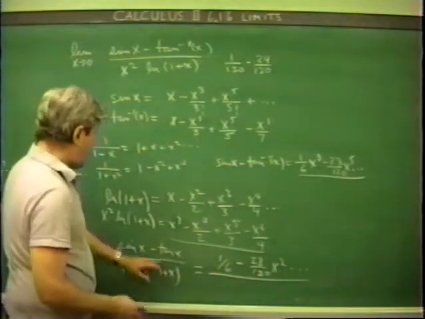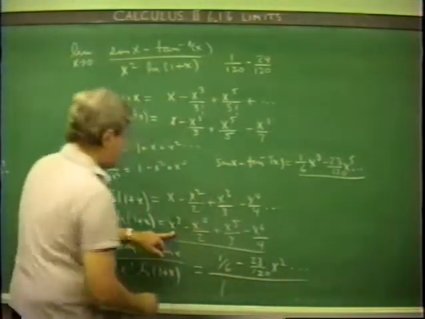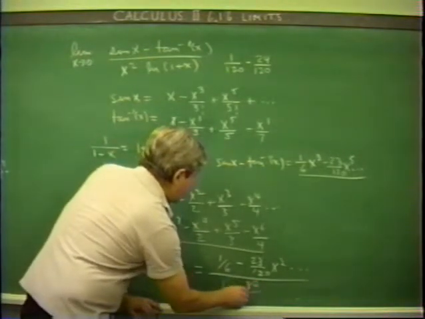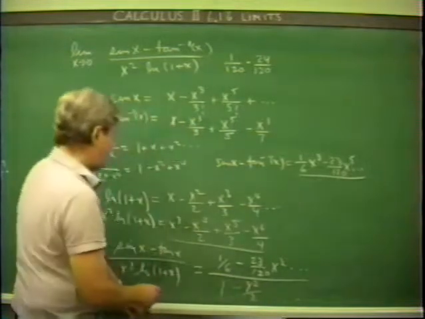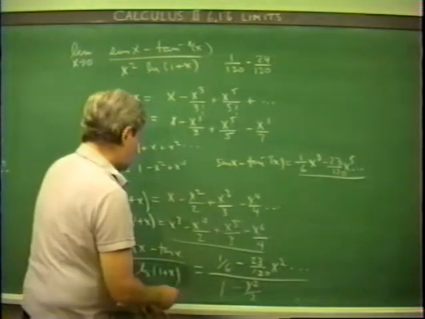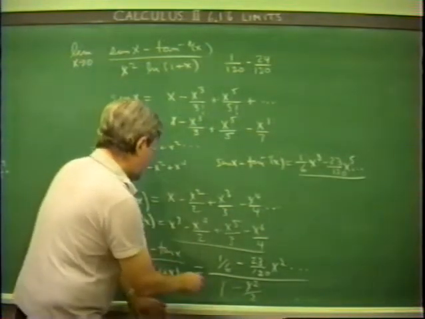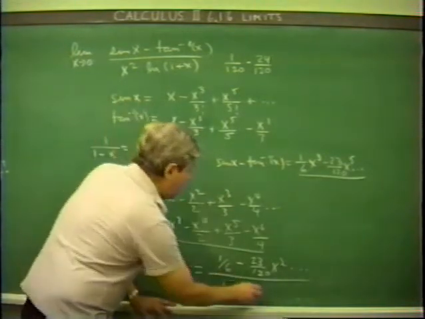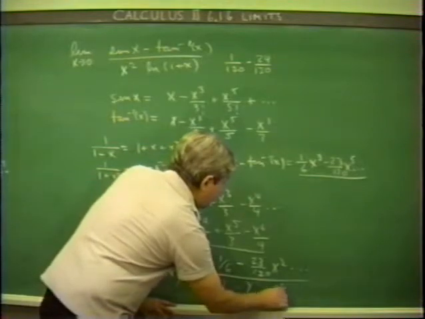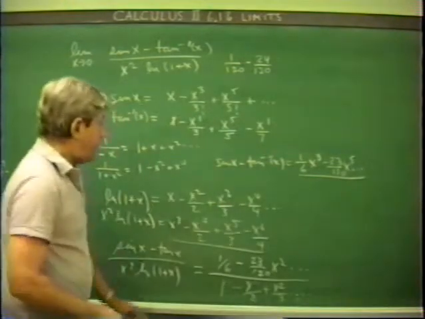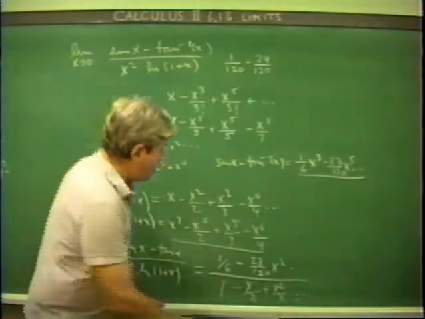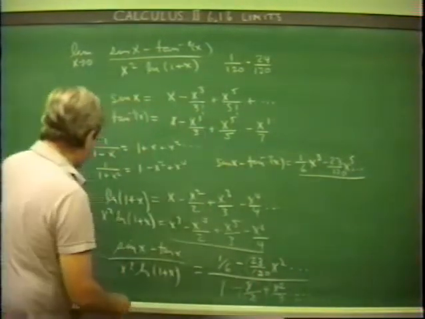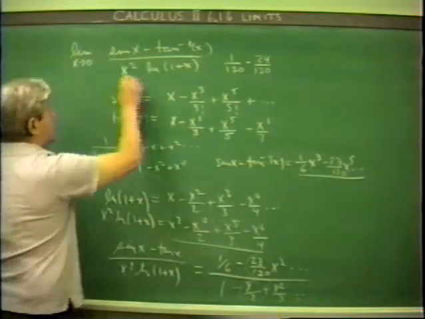We're going to get that this is equal to 1/6 minus 23/120 x squared and higher terms here. In the denominator, dividing by x cubed, it's going to be 1 minus x over 2 plus x squared over 3 and other terms here.